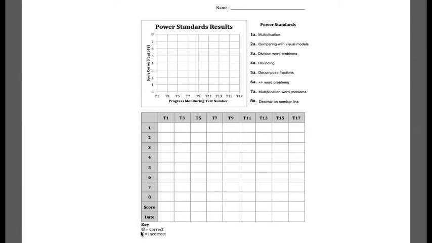Down here, here's the key. And if wrong, an X. So if I put an X here, that means I did not get that multiplication problem right. Smiley face in Power Standard 2. Ooh, I know how to compare with visual models. So these are the kind of conversations we want teachers having with their students so that they can actually communicate what's going well and what might be a struggle.